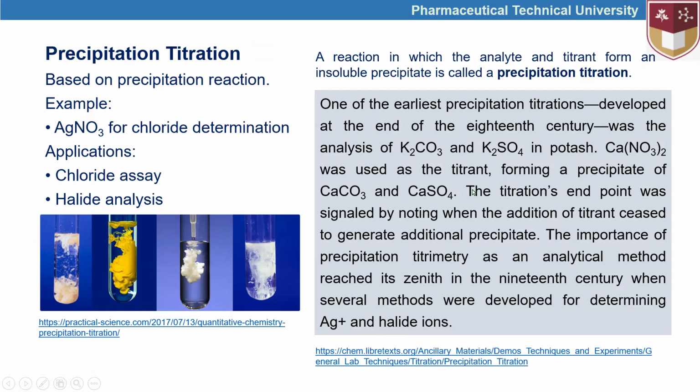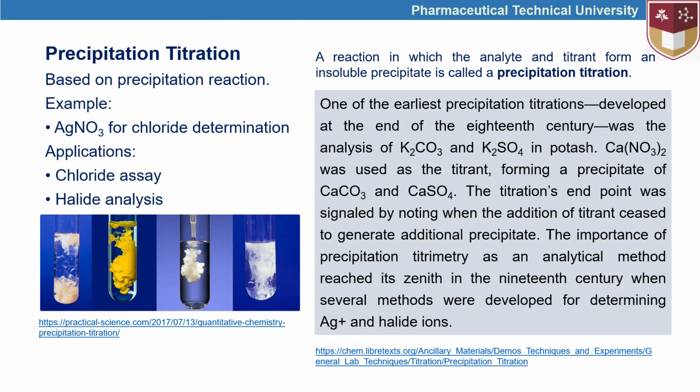This is the point that we have to pay our attention to while we are carrying out titration based on precipitation. As we add some more concentrations of titrant, the formation of precipitate may stop. I mean, the intensity of the formation of precipitate might stop.